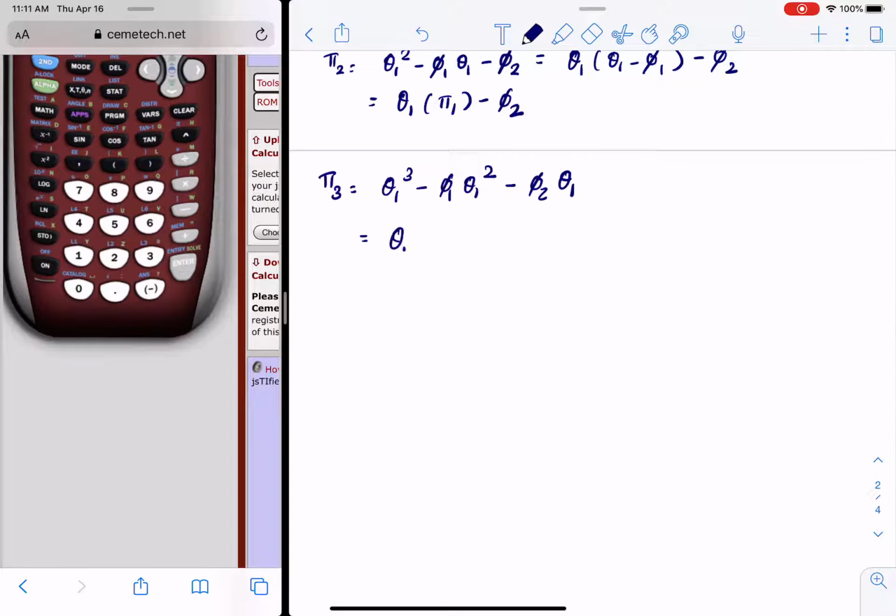I could pull out theta 1 squared from the first two terms, which would give me theta 1 minus phi 1 minus theta 1 phi 2. So I have a theta 1 in common between those two terms. So if I pull out theta 1, I have theta 1 times theta 1 minus phi 1 minus phi 2.